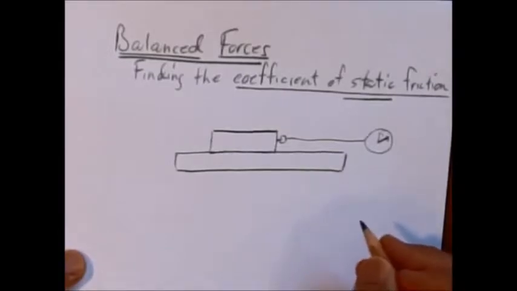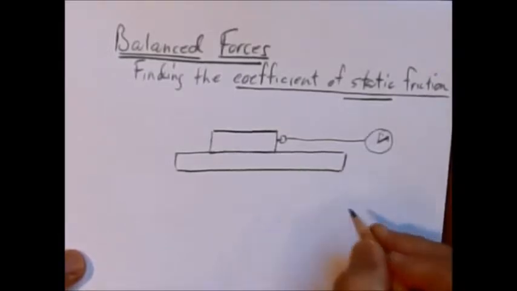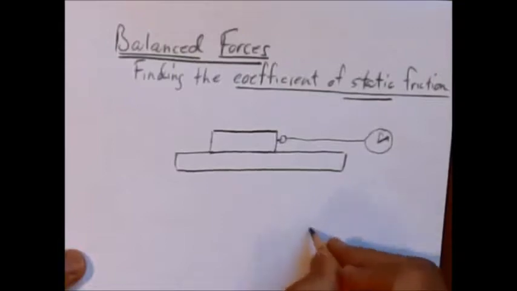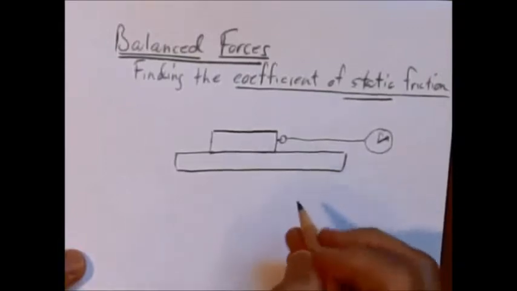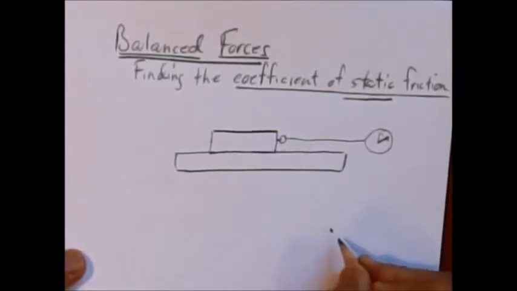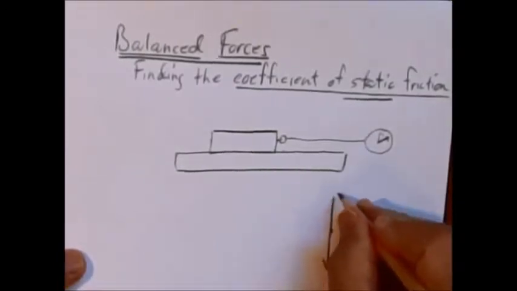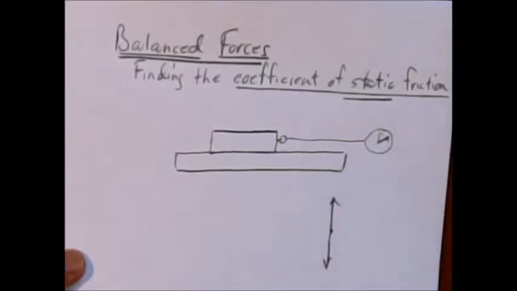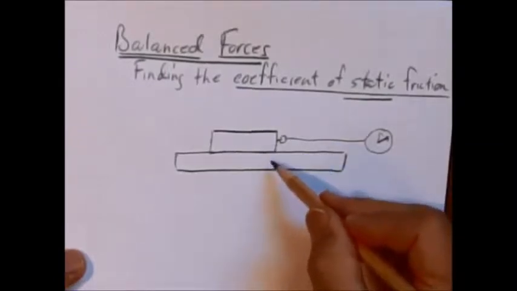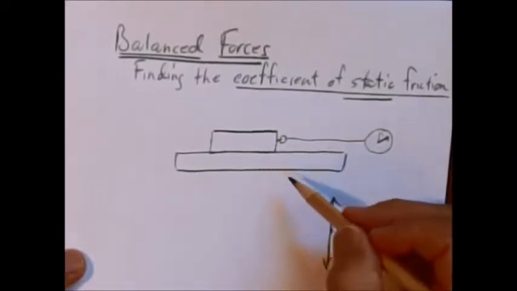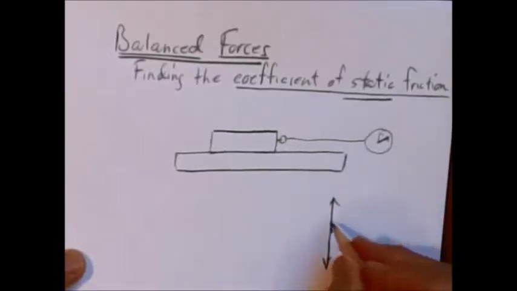mathematically is, well, first we need to draw a free body diagram so that we can see all the forces involved here. I'm going to represent this block as a particle, and the block has mass, so gravity is going to act on it, and there's going to be a normal force also. The block is pushing down on the plank of wood, and the plank of wood is pushing up on the block in the same amount.